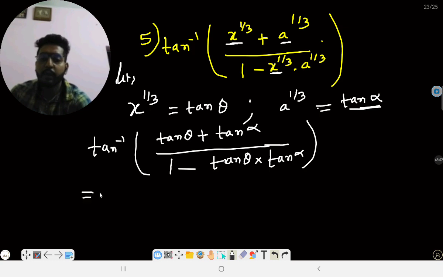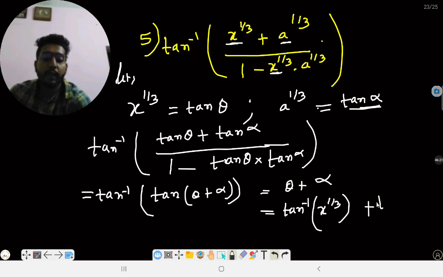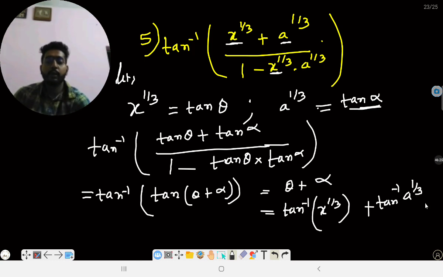Now look, (tan a plus tan b) over (1 minus tan a tan b) becomes tan(a plus b). So we can write theta plus alpha. Theta here is tan inverse x to the power 1/3, plus alpha, which is tan inverse a to the power 1/3.